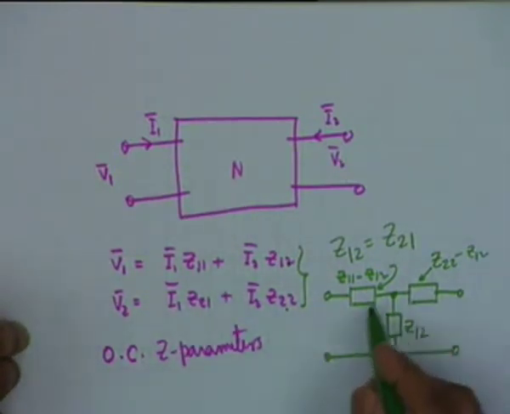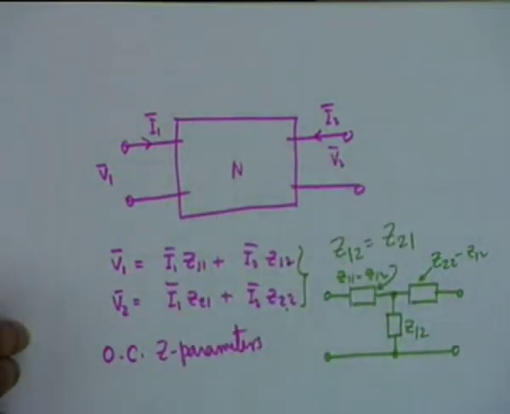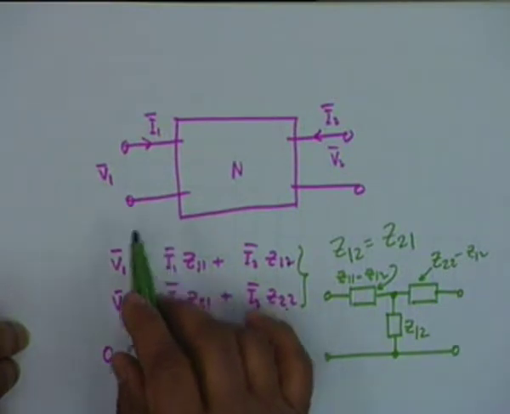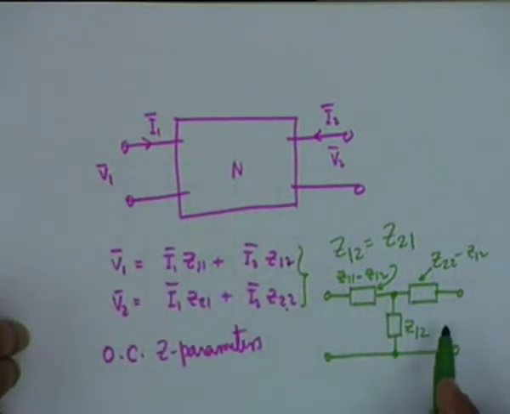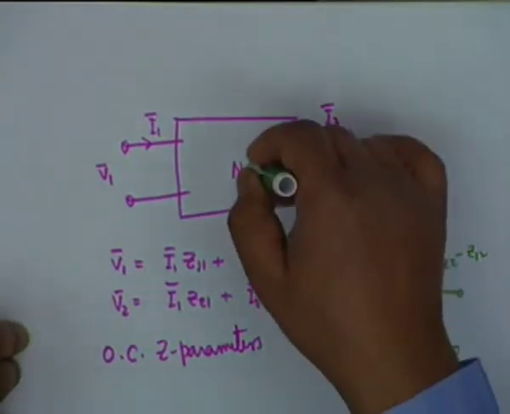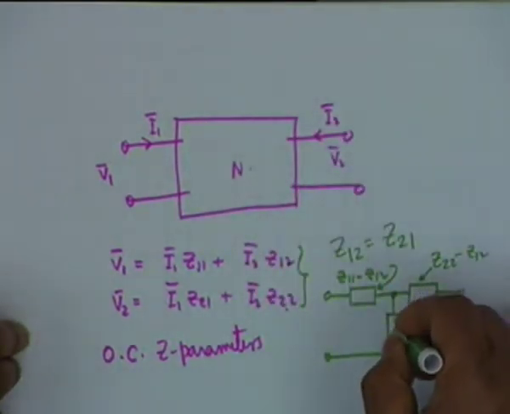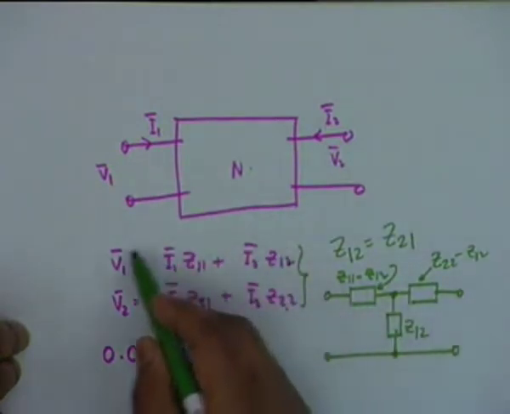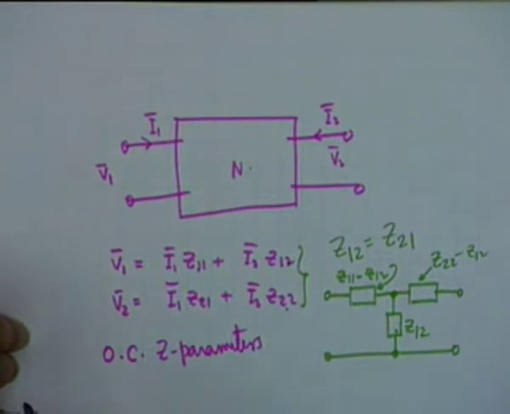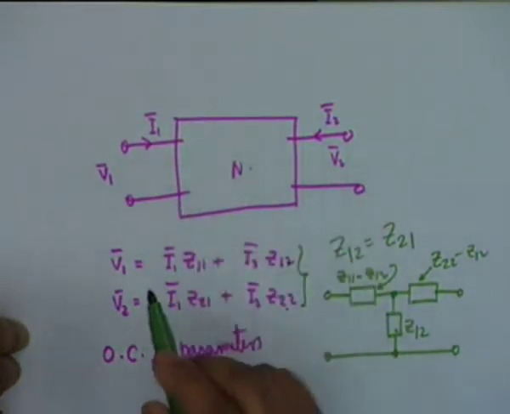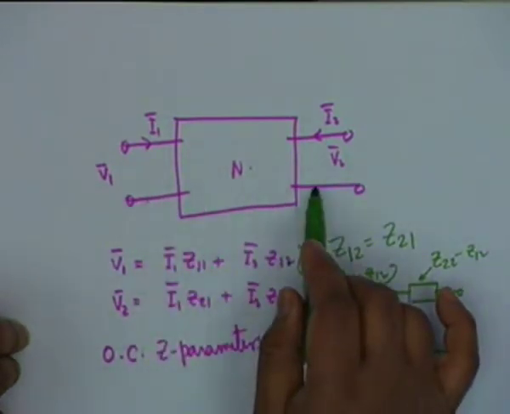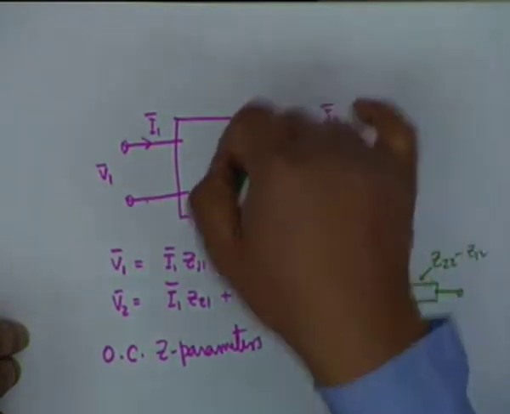I am not saying this network represents the original N, because the original N is 4 terminal, whereas the model is 3 terminal. So, this cannot be equivalent to this. It is equivalent to the two equations representing the network, and if these 2 terminals were common, then this would have been a model of this network.